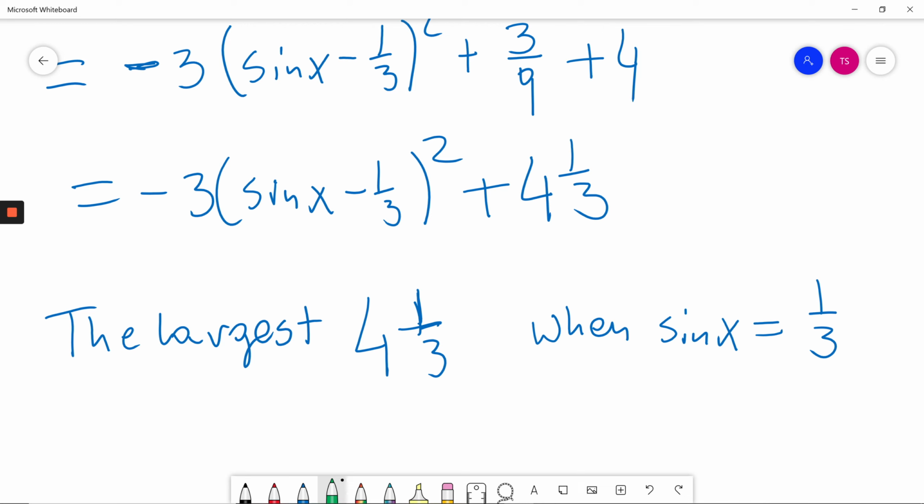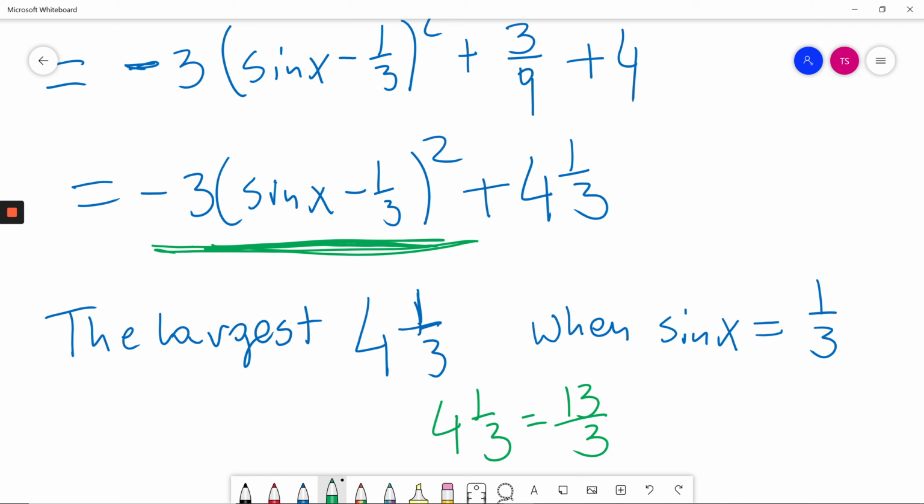When sine x is equal to 1/3, this will be 0. That's why negative 3 times 0, this will be 0. If sine x is anything else, this part will be negative. So the answer for this question is 4 and 1/3, which is equal to 13/3. So the answer for this question is B.